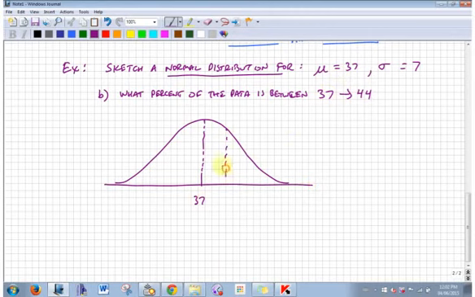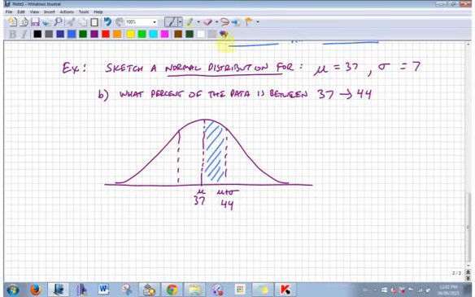The first set of lines is mu plus sigma, which is what? 37 plus 7, 44. What percent of the data is between 37 and 44? That's what the question's asking.